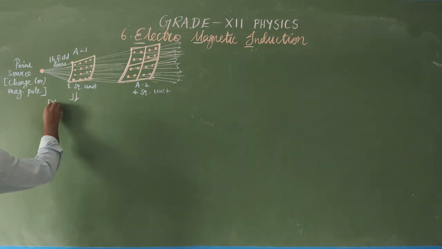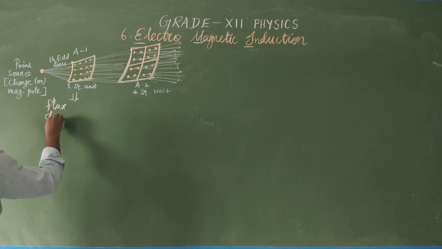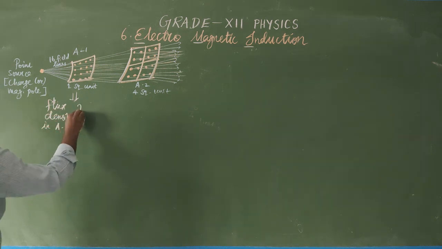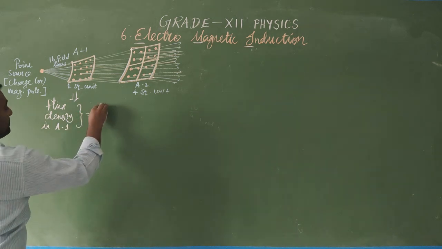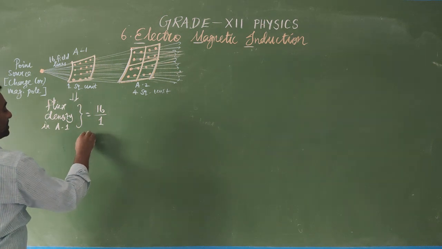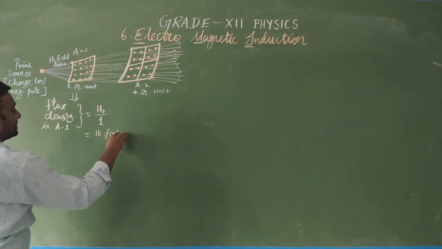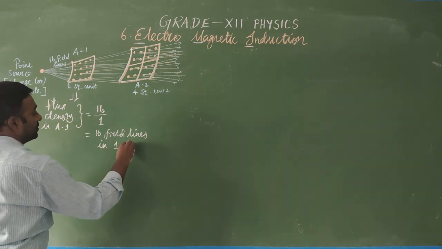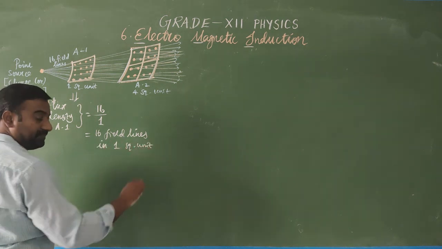Therefore, the flux density in area 1 is 16 field lines crossing over 1 square unit. So we can say 16 field lines in 1 square unit area.